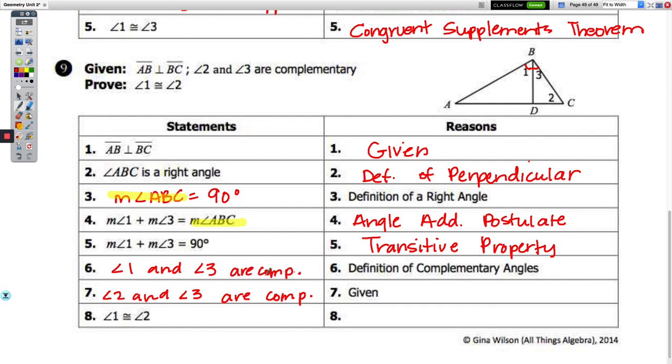And we have 2 of them that are complementary, and we know that 1 and 2 are congruent, so that's going to be the congruent complements theorem. And that is the end of Unit 2, guys. Congratulations.